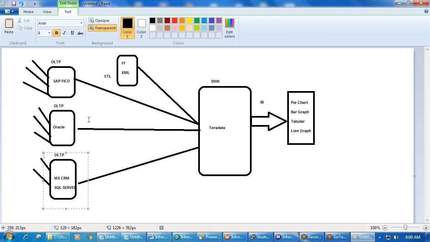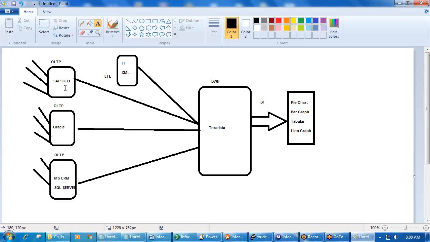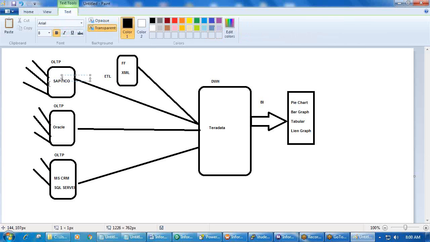Suppose across all the lines of business I want to understand the profit. First, I need to generate one report here, another report here, another report here to understand the global profit, which takes a long time for a business user to understand the profit across the business.